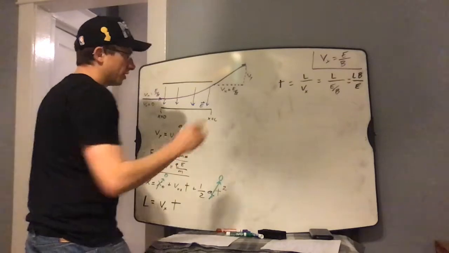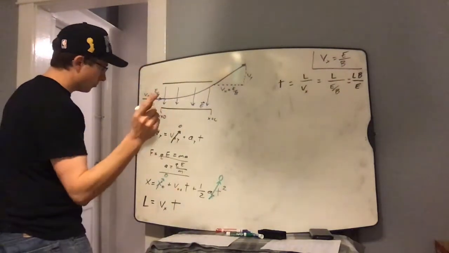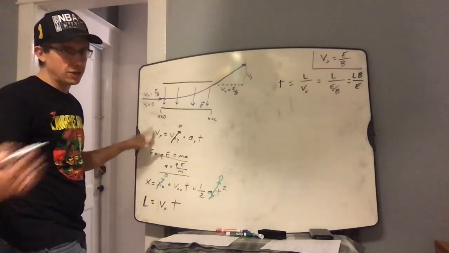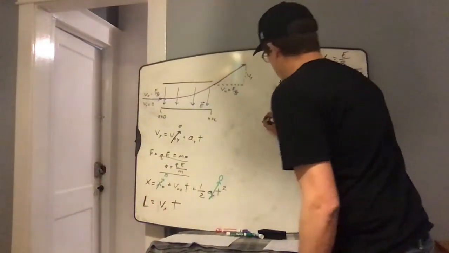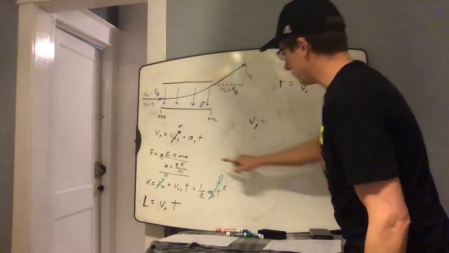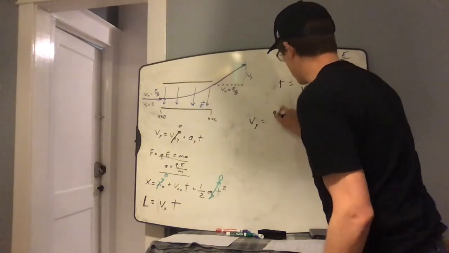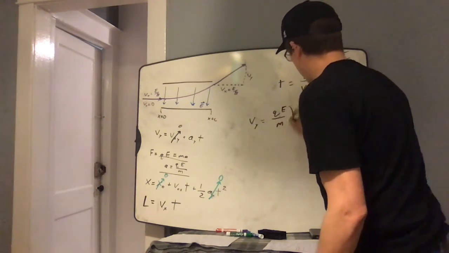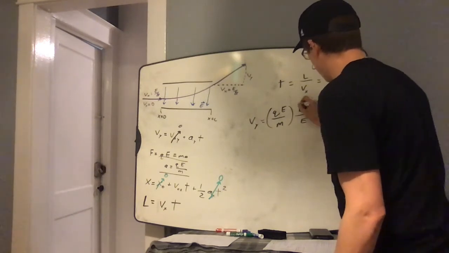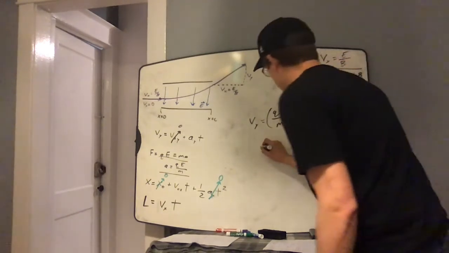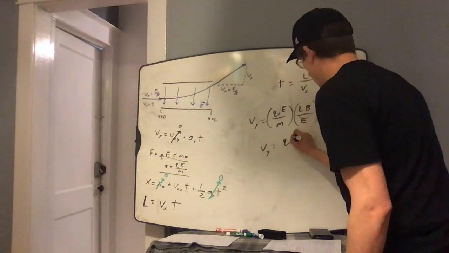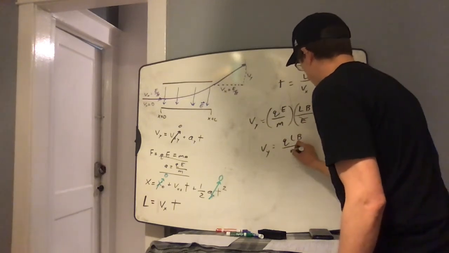So now I know the length of time between the plates, I know the acceleration of the electron, so I could find the y velocity of the electron. So I could say the final y velocity of the electron is going to be ay times t, so I get QE over m times LB over E, and I get Vy is going to be, okay, E and E cancel, QLB over m.